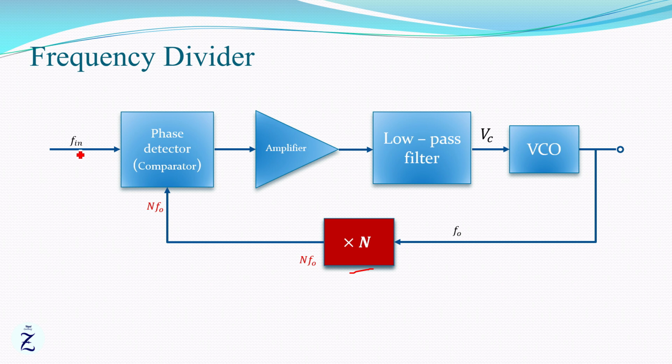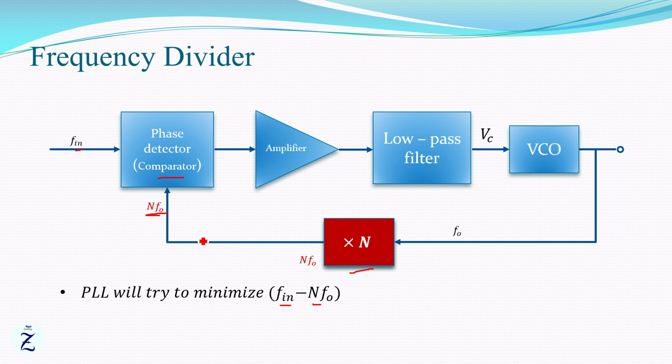Suppose we have an input signal having frequency Fin and a frequency multiplied signal having frequency N into F0 applied to this phase detector or comparator, then this PLL will try to minimize the frequency difference between the input and the signal available here.